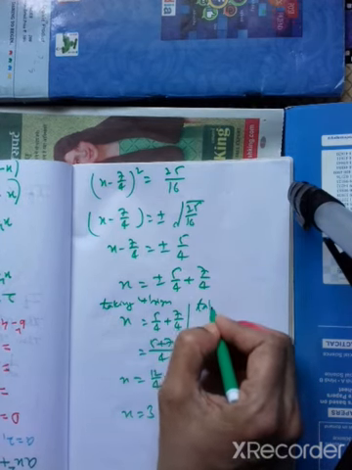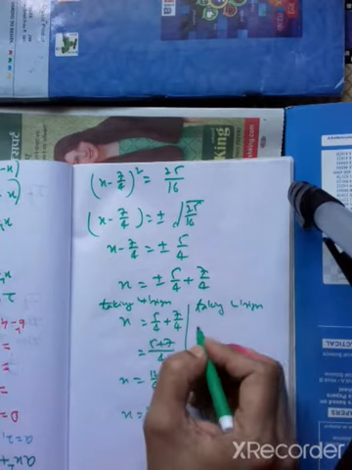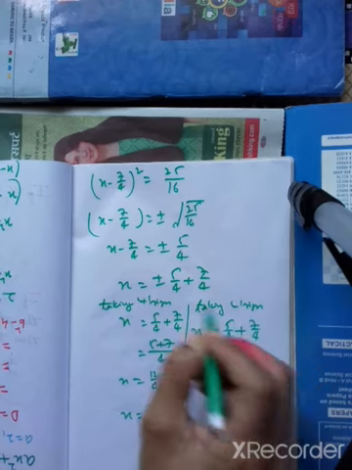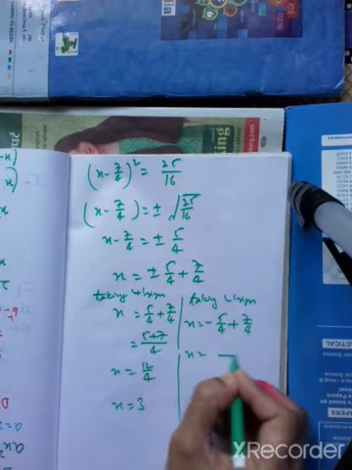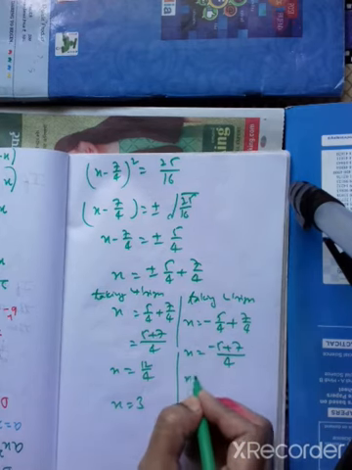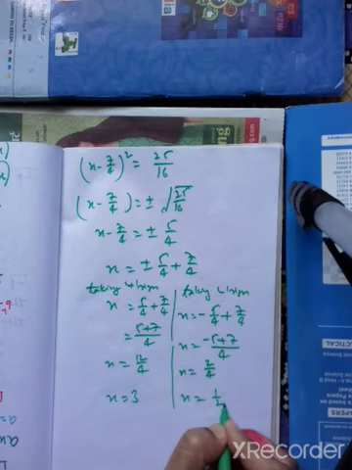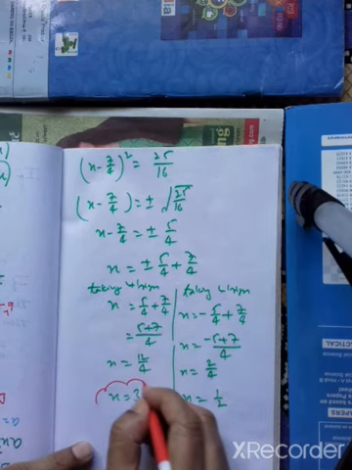And taking the negative sign, x equals minus 5 by 4 plus 7 by 4. The plus minus sign is only with 5 by 4. So x equals, with LCM 4, minus 5 plus 7, so x is 2 by 4, that is 1 by 2. Because b square minus 4ac was greater than 0, we have real and distinct roots. So you can see here we have real and distinct, meaning different, roots.